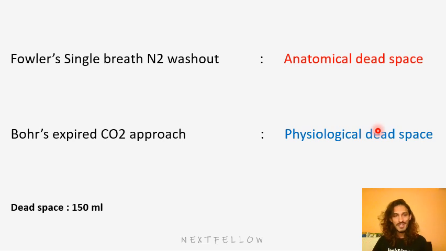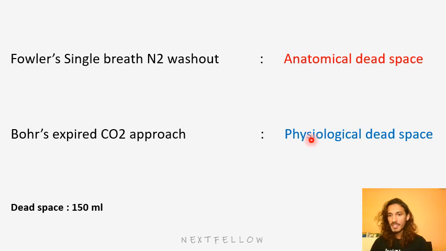I studied this when I was a PG, so I don't think it's necessary at your level, and it's not going to help you any further. So I'm just going to give these details; you just have to study it like this. I'm sorry for that. So anatomical dead space: Fowler single breath nitrogen washout method. Physiological dead space: Bohr expired CO2 approach. Just remember that.